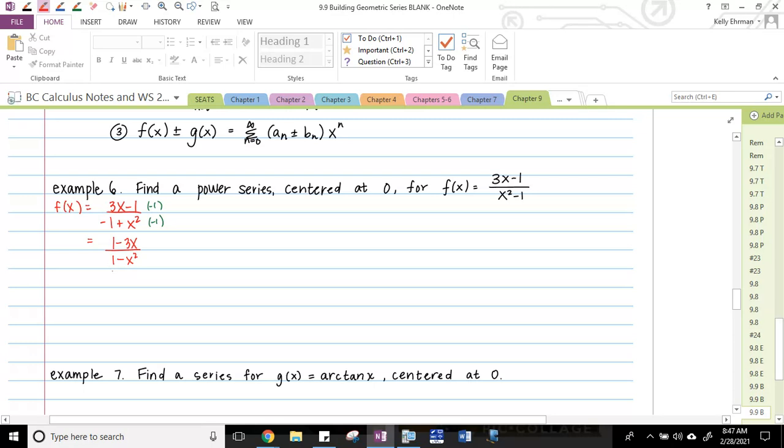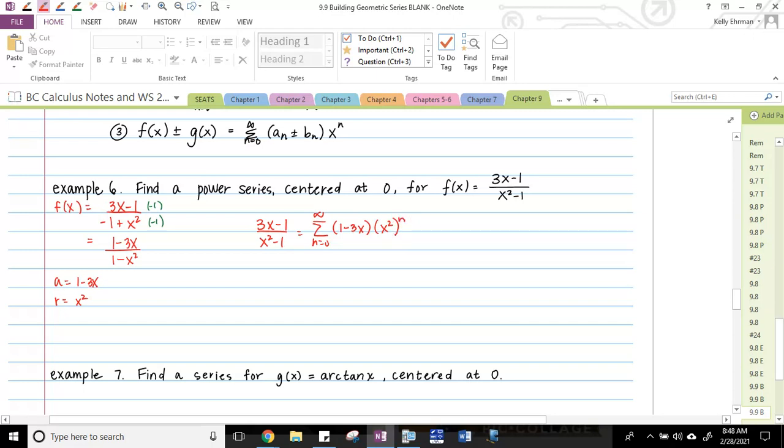All right, I've got the 1 that I need. I've got the minus r that I need. So a gets to be this big binomial right here. A gets to be 1 minus 3x. It's allowed to be more than one term. And r is just x squared. So the power series for 3x minus 1 over x squared minus 1 is the sum from 0 to infinity of a, in parentheses, 1 minus 3x, times r, x squared, to the n power.